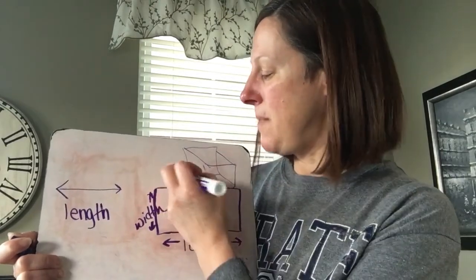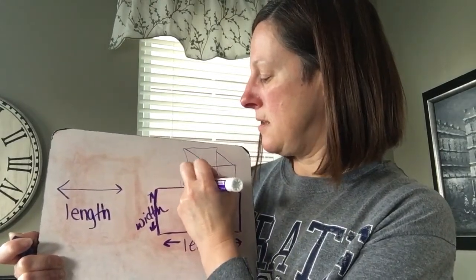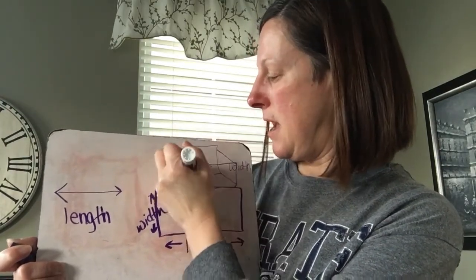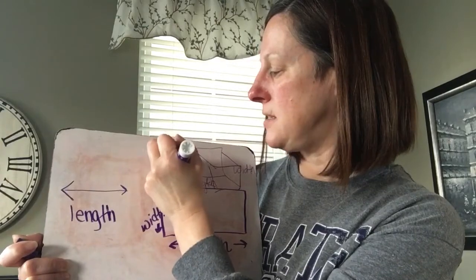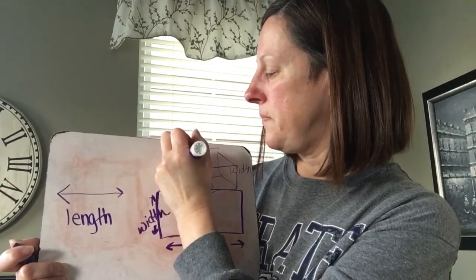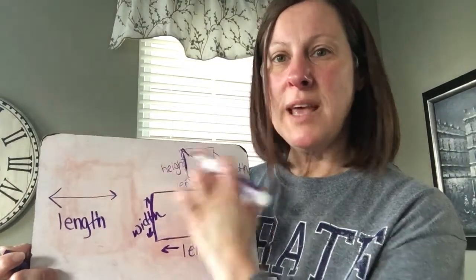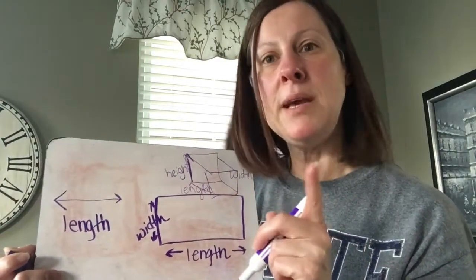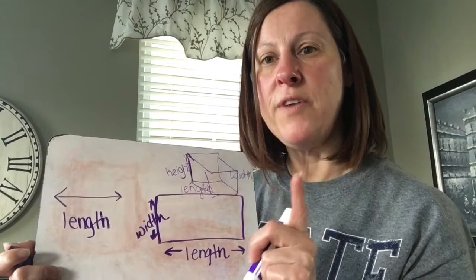So now I have my length, I have my width, and now I also have height. If you notice, I've just added one more dimension, some height that I've given my figure, okay?